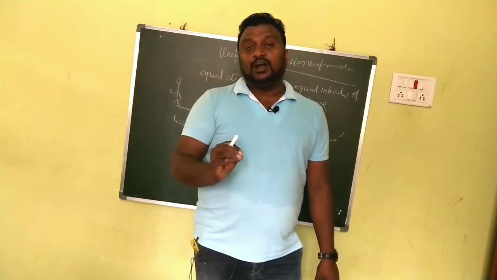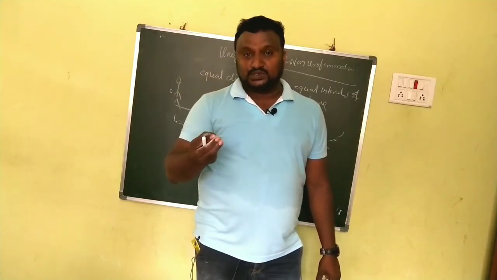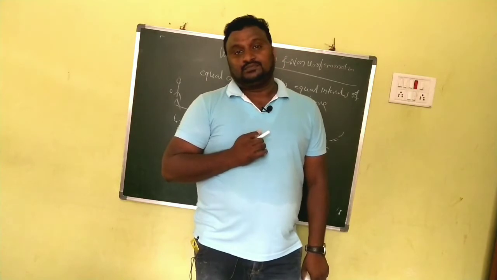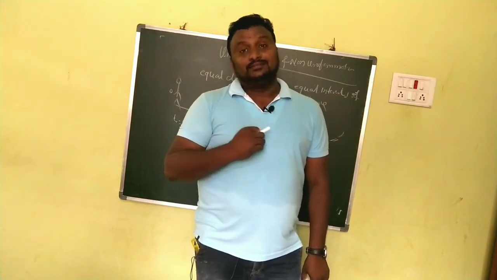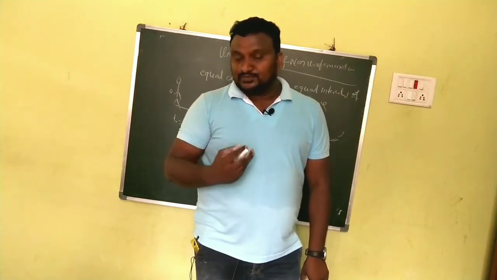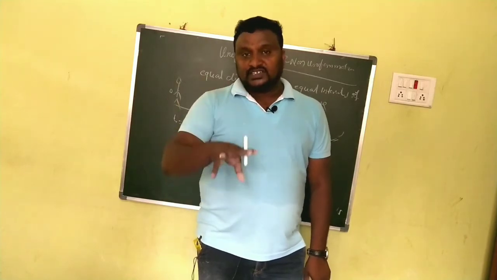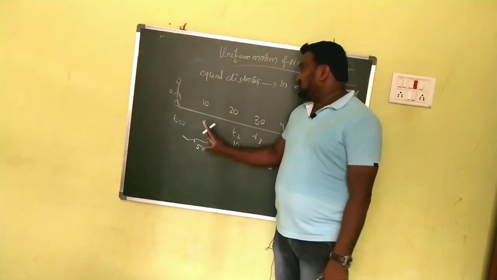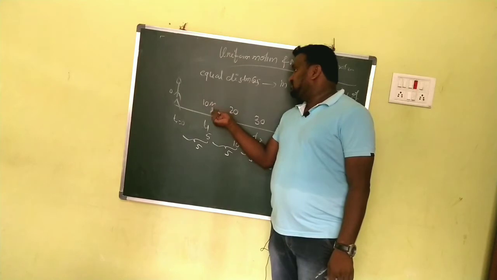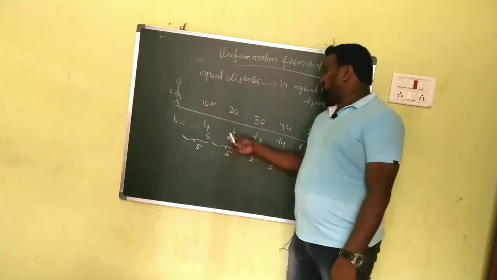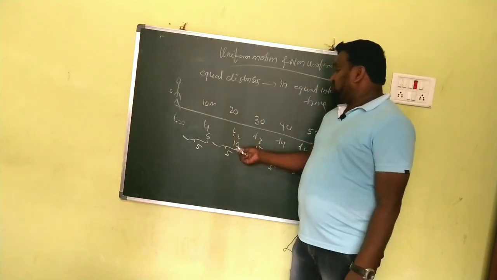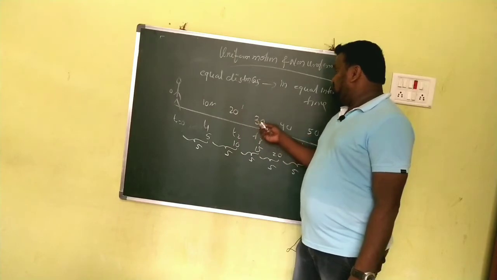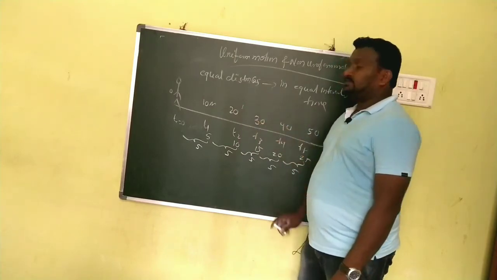When he was ready to walk, we take time t equal to 0, then displacement is also 0. After 5 seconds he covered 10 meters. Next 20 meters, next 30, next 40, next 50.